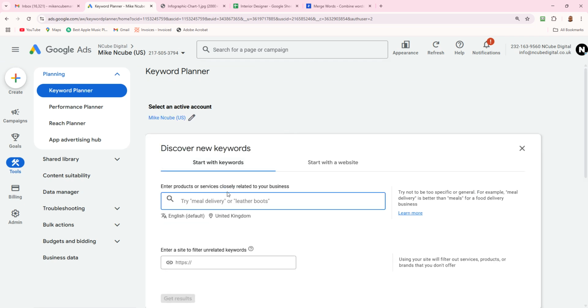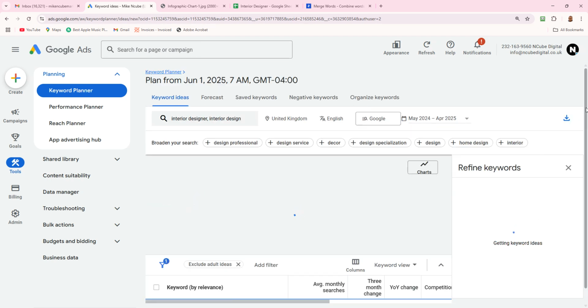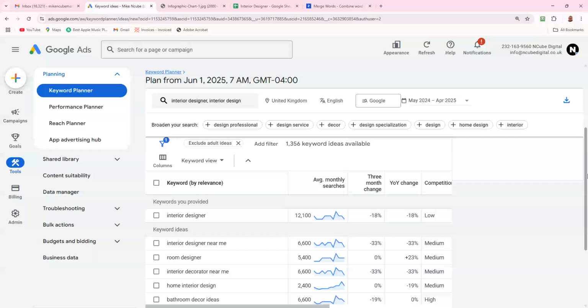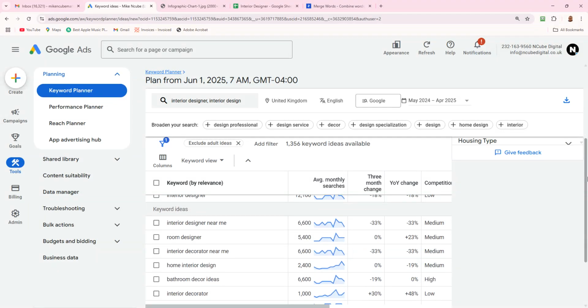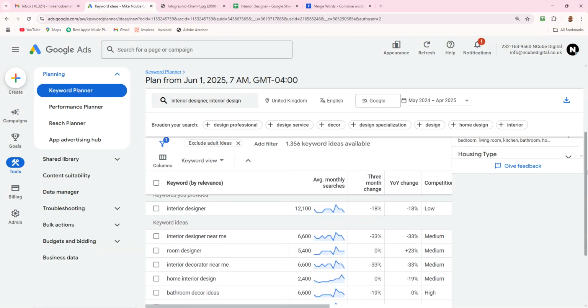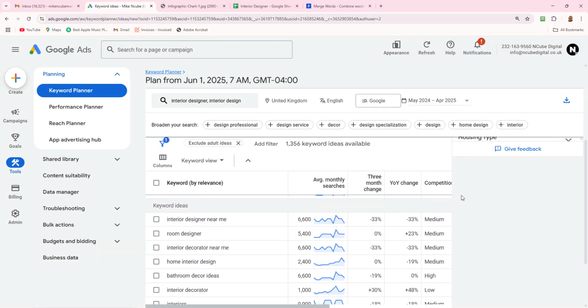To think about your industry, like interior design for example, and maybe just get some ideas, but always check them against the search query framework to see that they're very relevant for you and that you should target them.